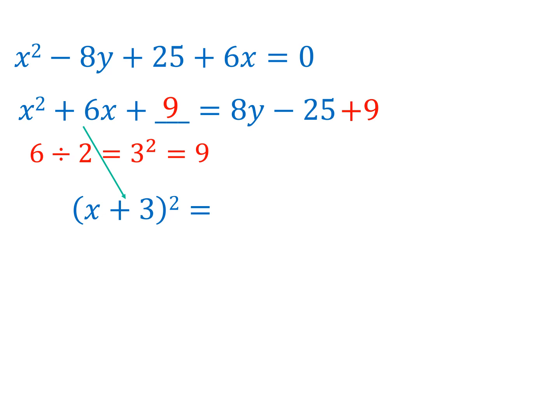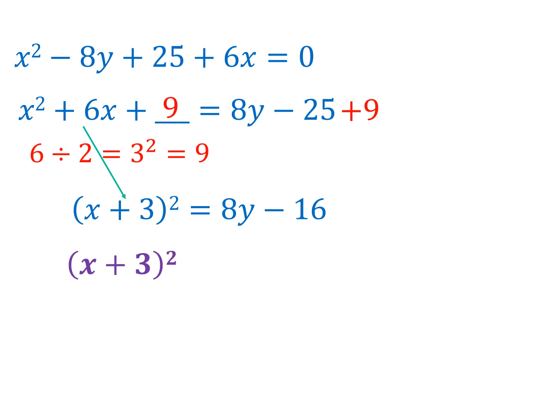Now, on the right side of the equal sign, we are going to combine the constants negative 25 and positive 9. So copy the 8y and the result will be negative 16. And the last step is to factor out whatever is the numerical coefficient of y, which is 8.